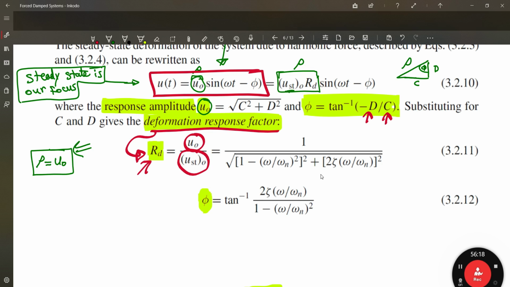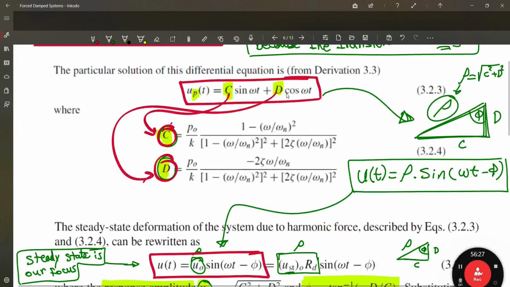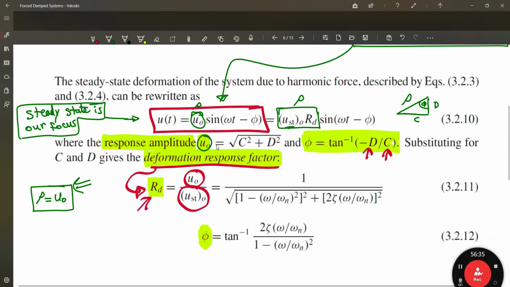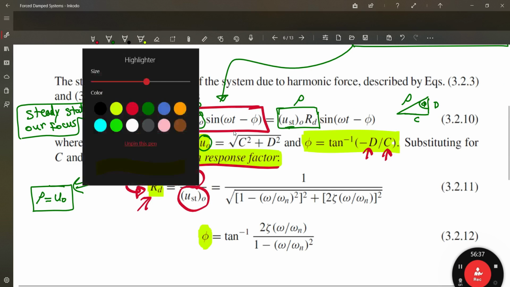Now we want to understand why we need this RD and phi. First of all, it is important to focus, as I said, on the steady state. So u particular is going to be represented by this nice equation here.